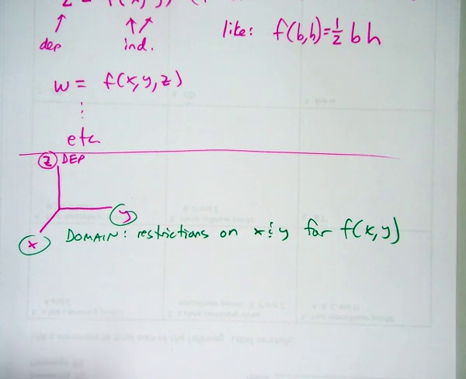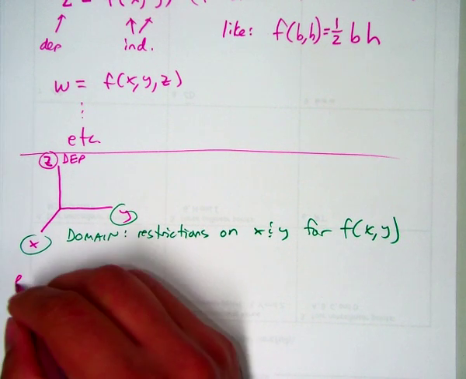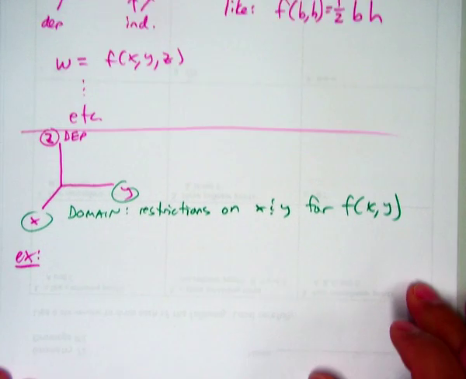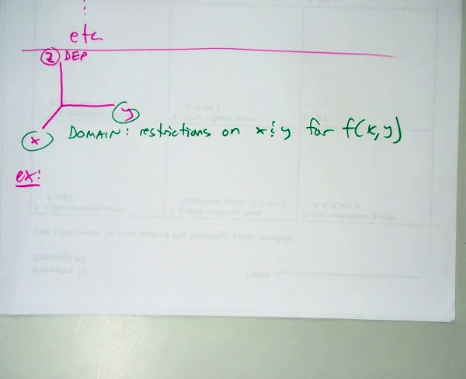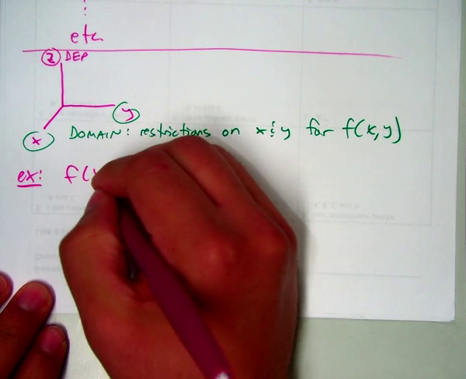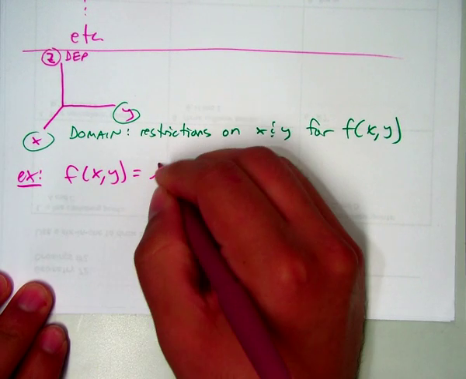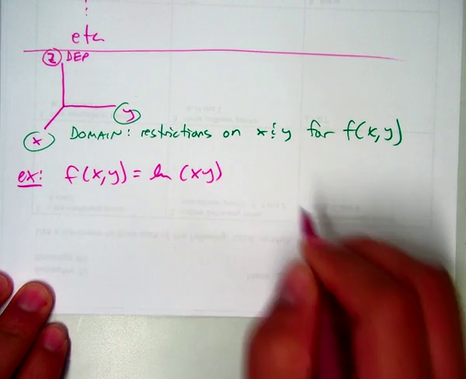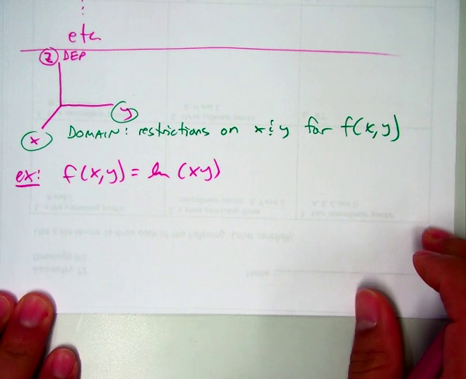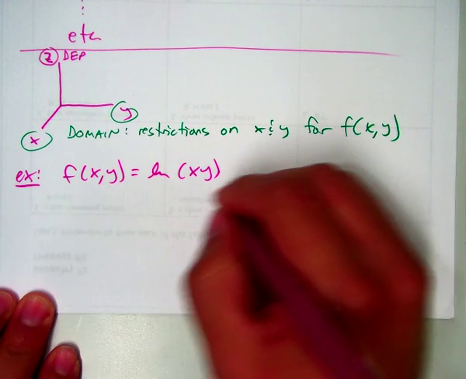So for example, if we have a function f of x, y equals natural log of x, y, what is the domain?